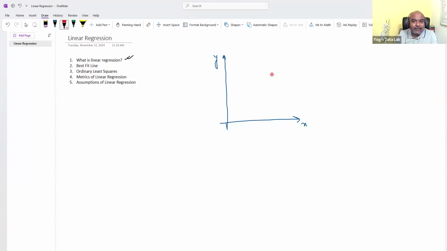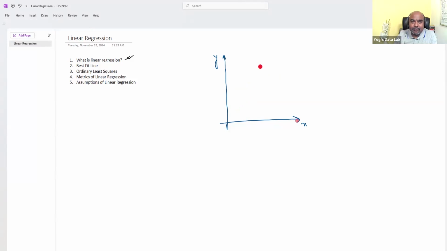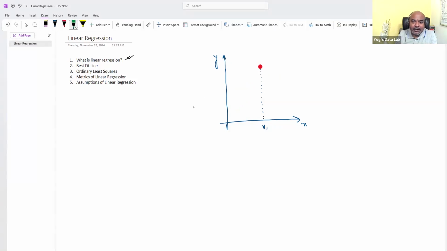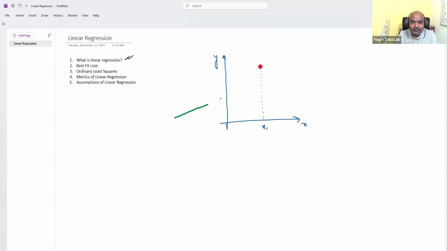We are assuming that this is one actual point corresponding to a certain value of x, which means that at some value x1, this was your y. Now, I have a regression line which goes like this.